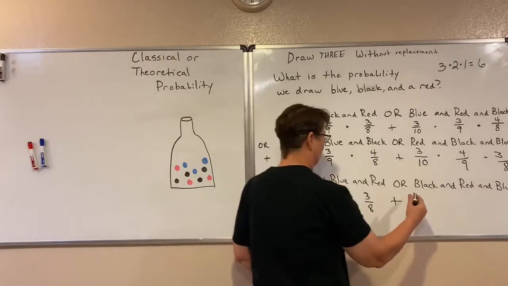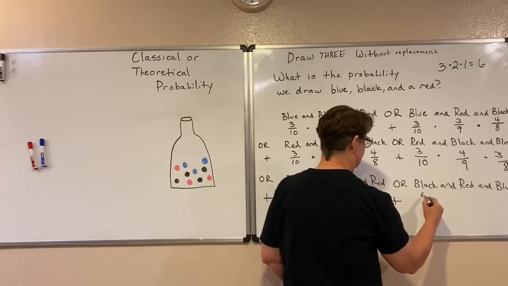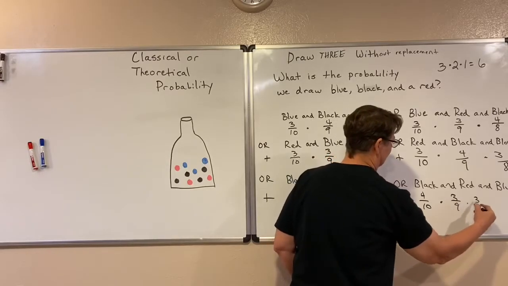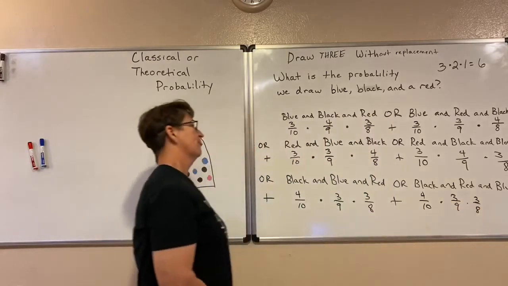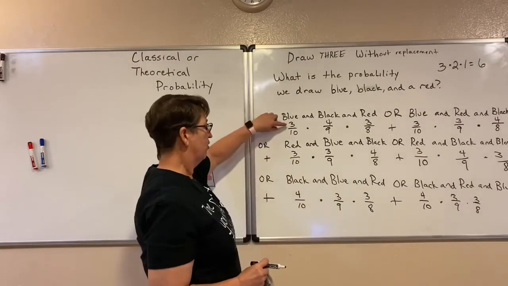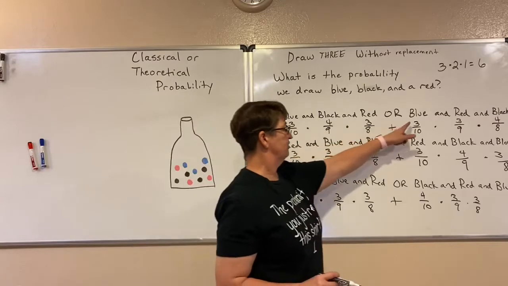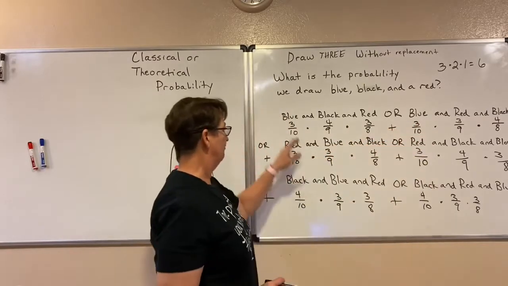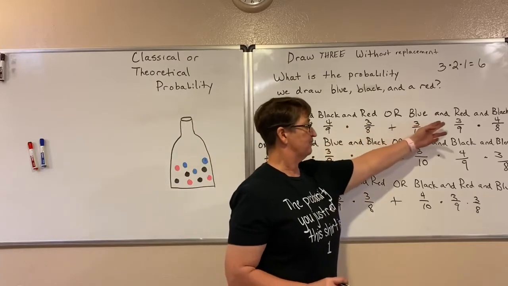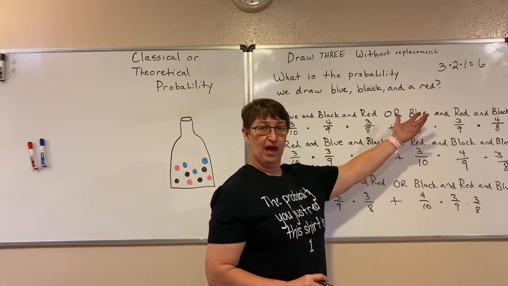Now it's just a matter of doing the arithmetic. 4 out of 10, 3 out of 9, and 3 out of 8. Oh, notice something. Notice how on top, for all 6 choices, I have the same numbers. I have 3 times 4 times 3. This is the same thing, it's just in a different order.